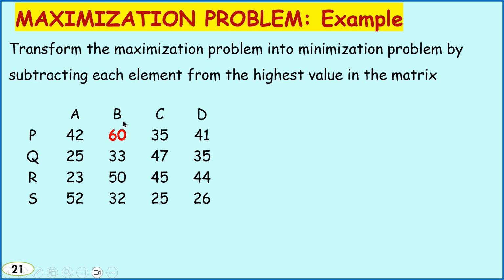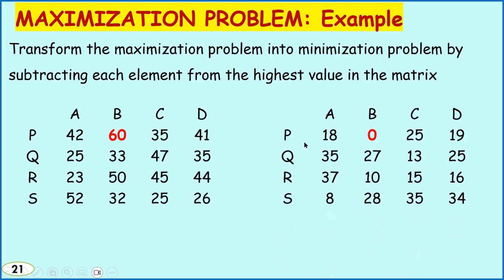In order to convert this maximization problem into a minimization problem, first find the highest value and subtract each element from it. The matrix will be converted like this. First it will be 60 minus 42, that is 18, 60 minus 60, 0, 60 minus 35, 25, 60 minus 41, 19.